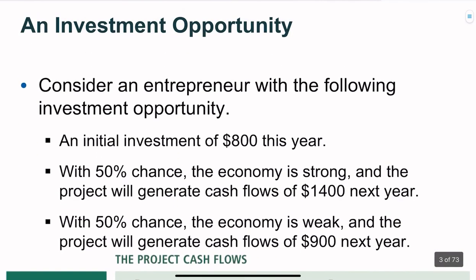So now let's start with a very simple example. Here we're looking at a simple example with an entrepreneur who wants to finance his venture.